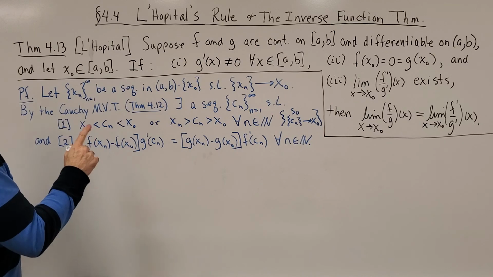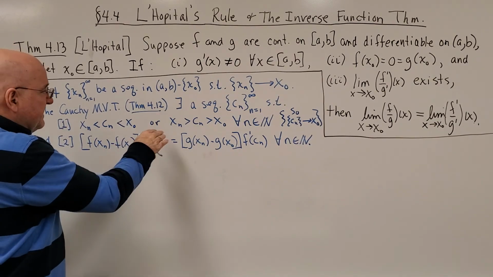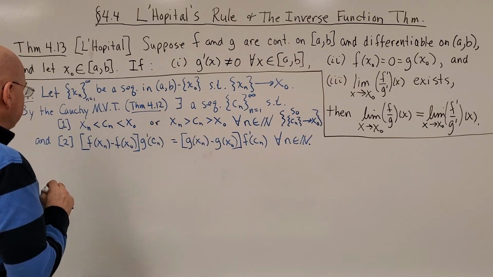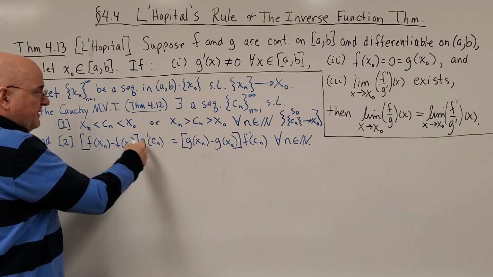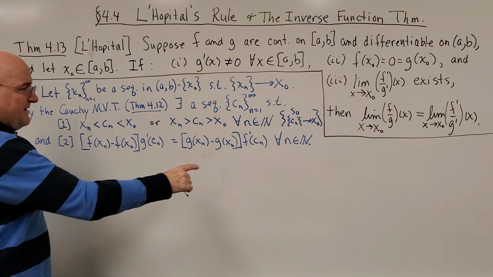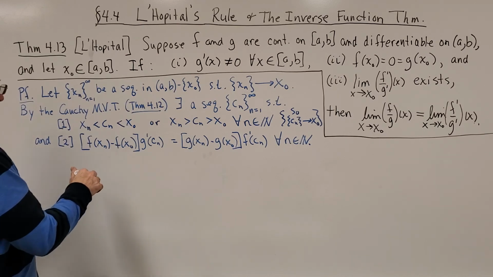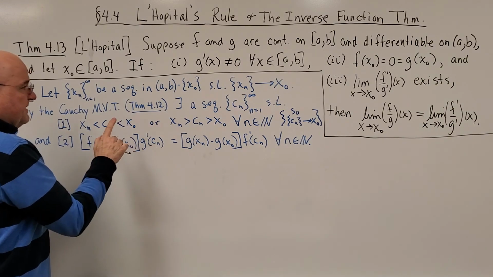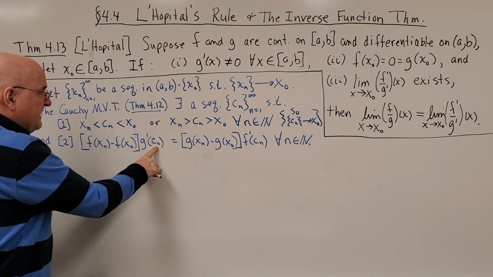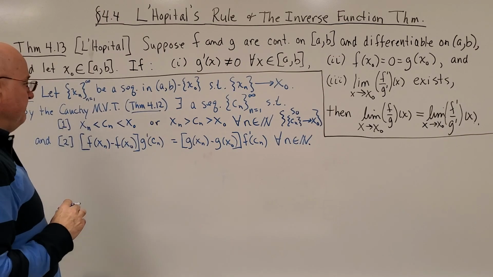Also, and here's where we use the Cauchy mean value theorem, since Cn is in between x naught and xn, this is the formula for the Cauchy mean value theorem, only we're applying it for every n in the natural numbers. So we're saying the Cn exists in that interval because of the Cauchy mean value theorem.